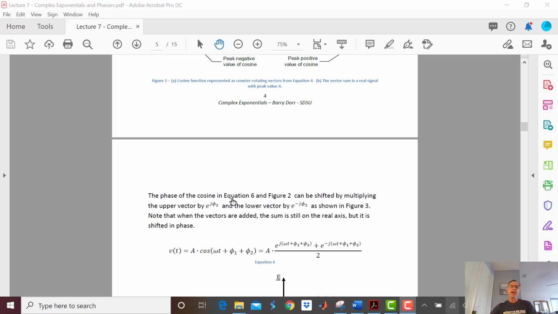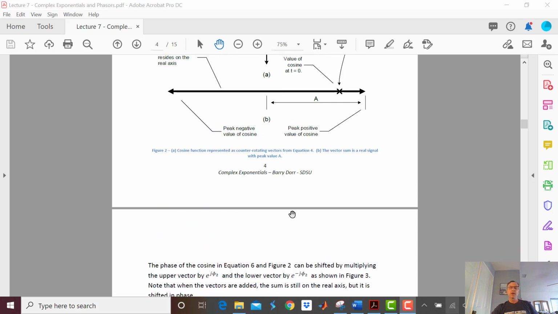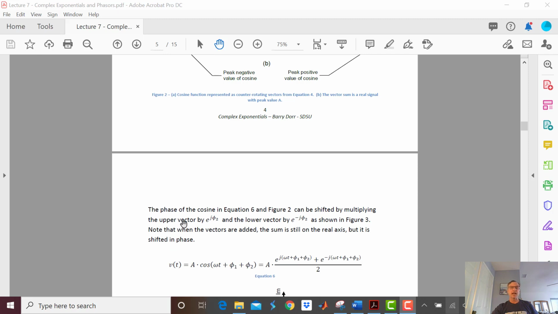So the phase of my cosine that I showed up here, if I want, I can shift it by some constant phase angle. The way I'm going to represent that is down here: cosine of omega t plus phi1 plus phi2.